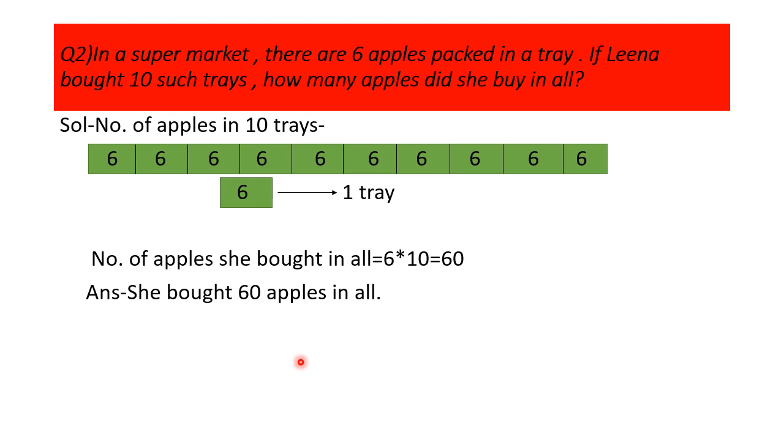We need to decide this, and then according to the question we will make bar models, and then we will solve the question. So this is all from this module, and we have ended exercise 3I, and with this we complete your chapter number 3. From the next module I will be starting your chapter 4, which is division.